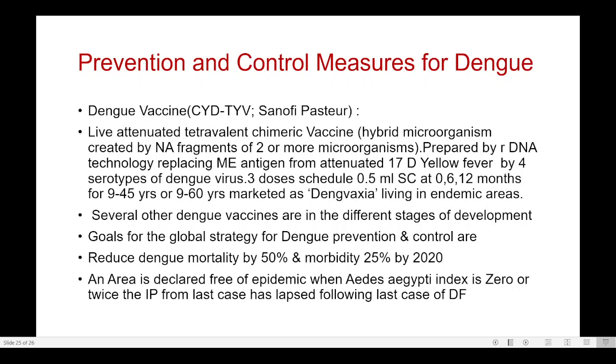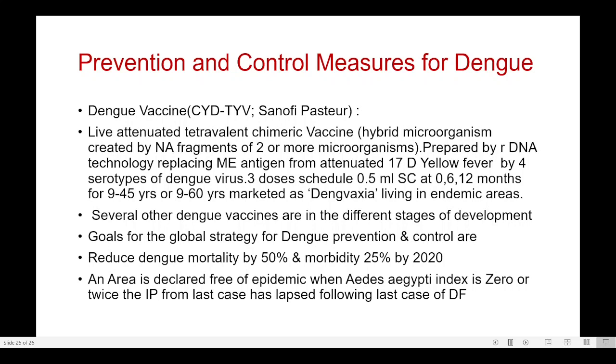Global strategy for dengue prevention and control is to reduce dengue mortality by 50% and morbidity by 25% by 2020. Any area is declared to be free from dengue epidemic where the Aedes aegypti index is 0.